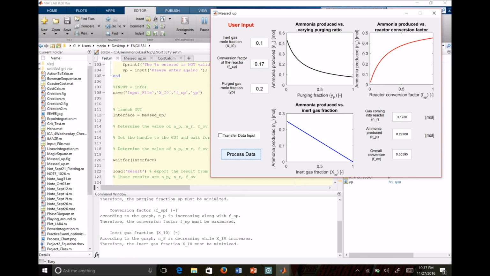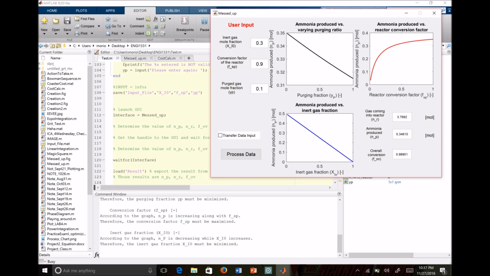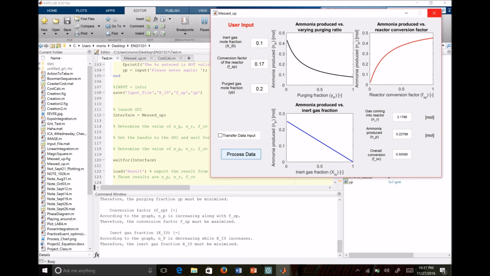It has everything for me, and if I change my mind, 3, 9, and 1 is the same thing. So basically you have the new results, and if you change your mind again, you type, transfer data, input, process data, and you have the same thing. So it's really good, and MATLAB is really a good tool.